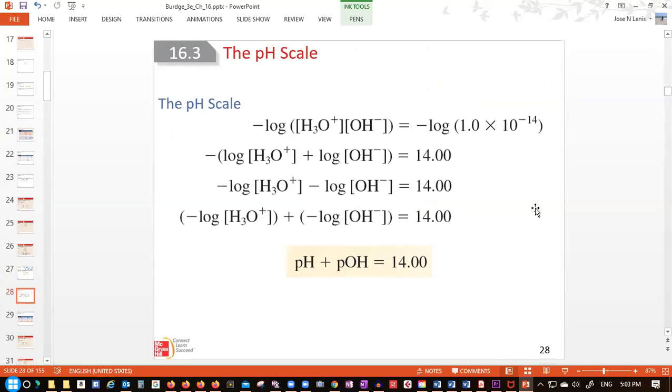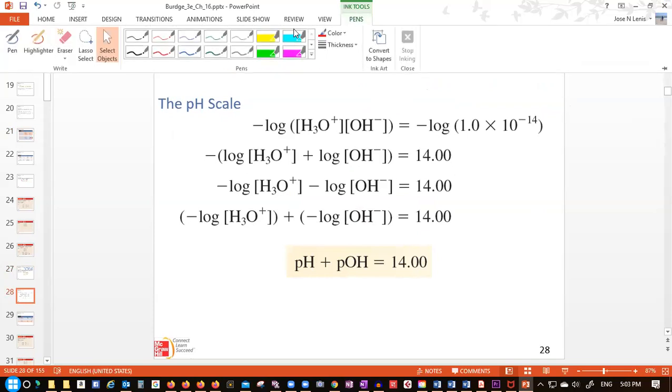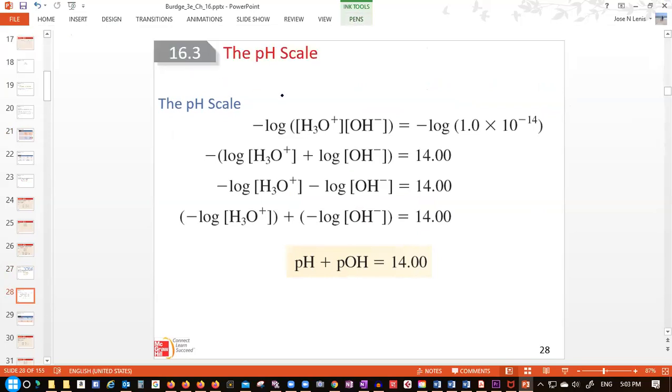If we apply that to the definition of Kw that we had before, we said that for pure water at 25 degrees Celsius, at room temperature, 298 Kelvin, the concentration of H3O plus times the concentration of OH minus equals 1.0 times 10 to the negative 14, and this is what we call Kw.